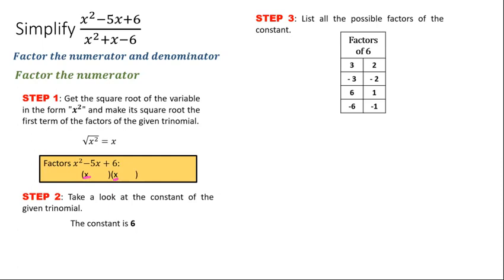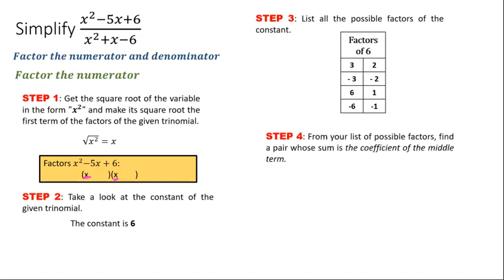Meron tayo dito, as you can observe, yung kanyang positive factors and negative factors. Okay, 3 and 2, negative 3 and negative 2, 6 and 1, then negative 6 and negative 1. Now, ang gagawin na lang natin ngayon is to identify kung saang factors ng 6 ang pag-i-add natin or i-combine, the answer will be equal to negative 5.